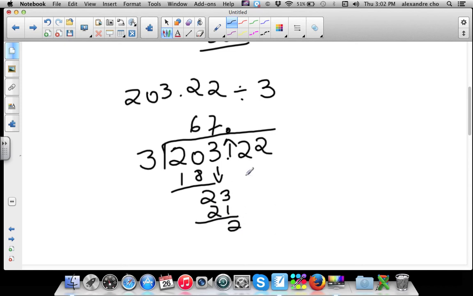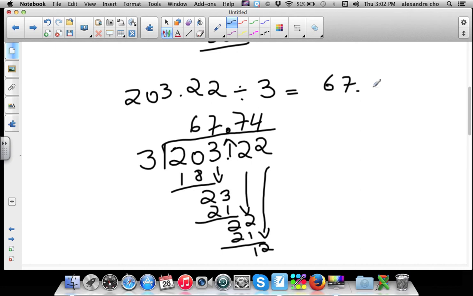Subtract again, 2. Bring the 2 down. 3 goes into 22 7 times again. It's going to be 21. And 1 left over, and you're going to bring 2 down. And 3 is going to go into that 12 4 times. So our answer is each game costs $67.74.